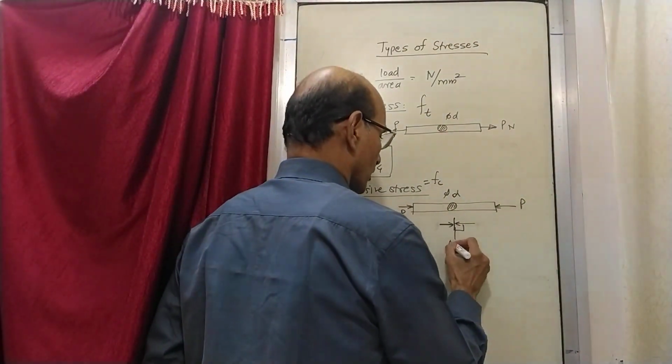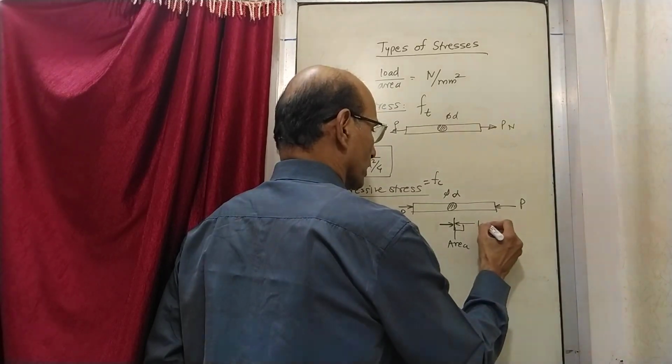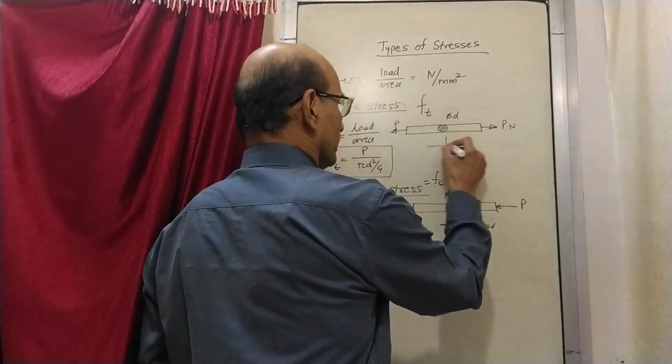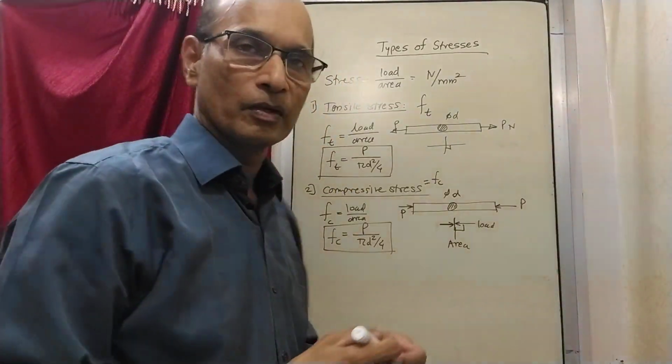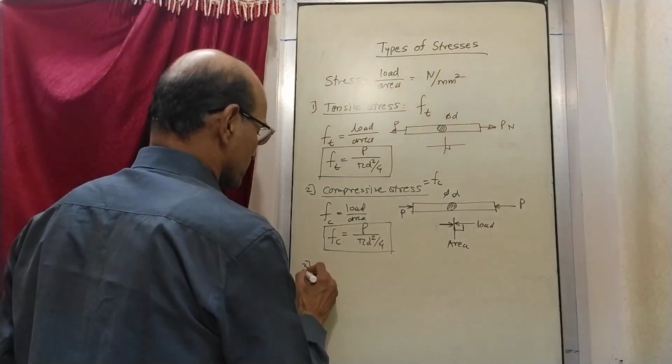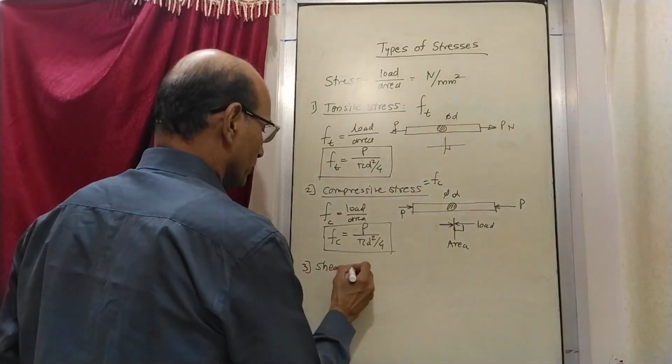Area is here and load is here, and load and area are perpendicular. Even here also load and area are perpendicular. Why we are saying this is because we will take the next stress, that is shear stress. So here the things will be different.